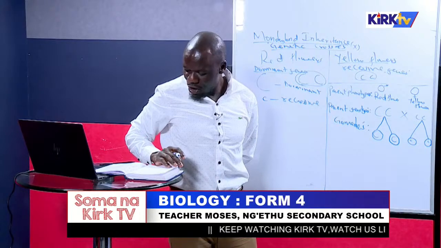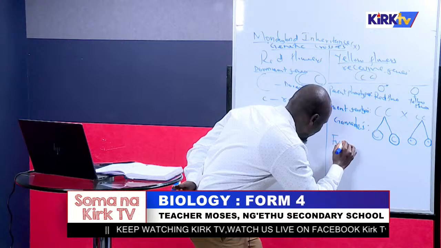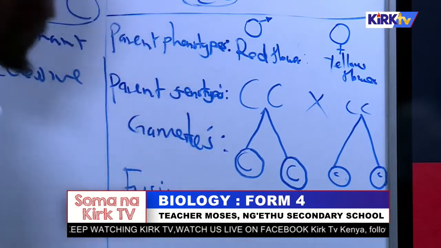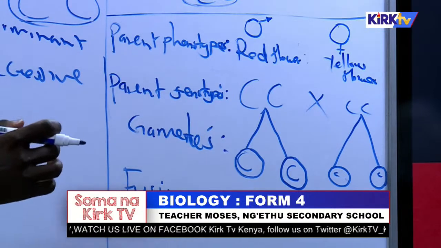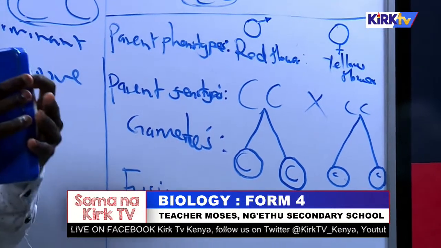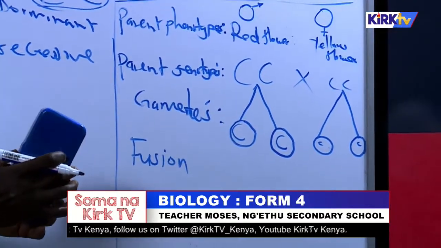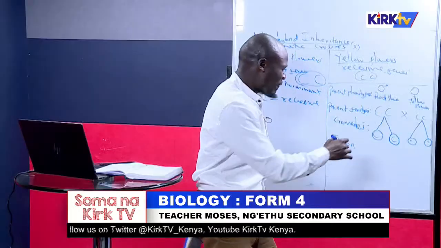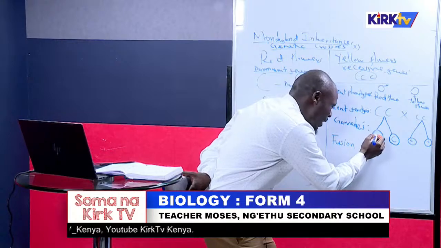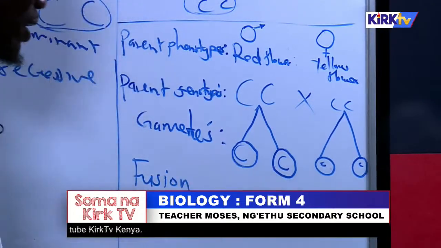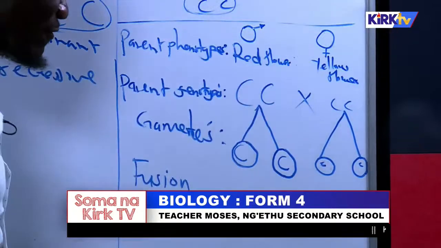Thereafter, we check on something to do with the fusion. The fusion here simply means the union of the female and the male gametes. For instance, the first gamete here can combine with the first gamete on the female side.